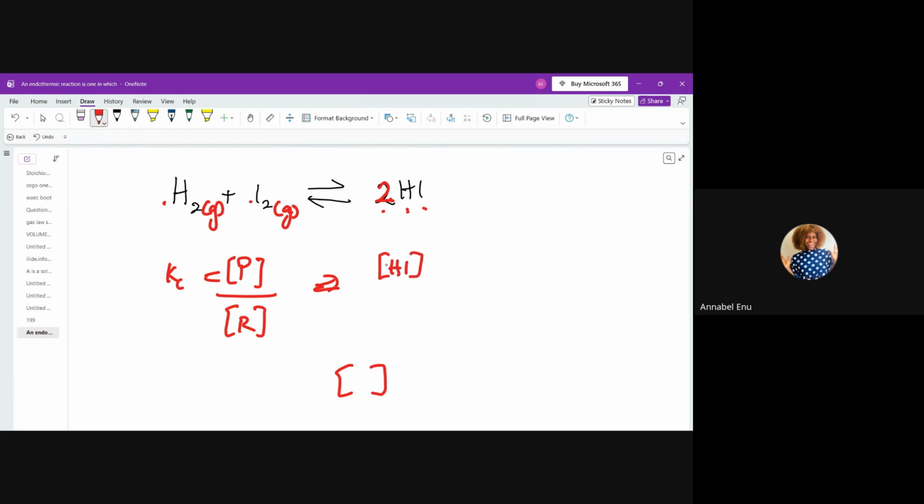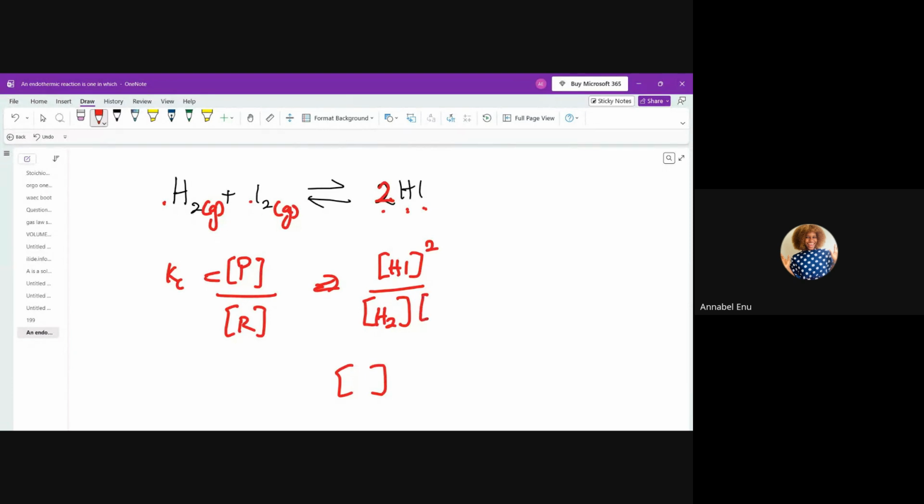We don't include the coefficient inside. The coefficient will be represented as a square here, at the top, and then divided all over by the concentration of all the reactants. The reactants here are hydrogen and iodine. They're separate. So we have the hydrogen molecule, and the coefficient here is like an invisible 1, so we don't have to write it.